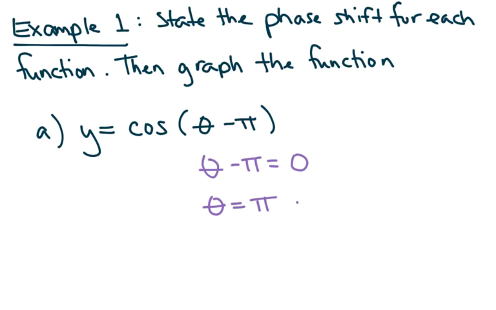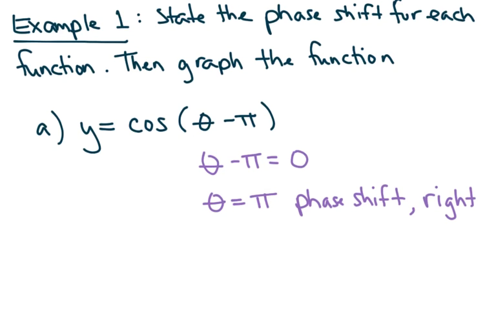The phase shift is pi, and it's going to be moved to the right because pi is positive. Oops, I don't want to write phase right, I want to write phase shift. And then I wanted to say that it's to the right. Okay, so here's how it's going to work.